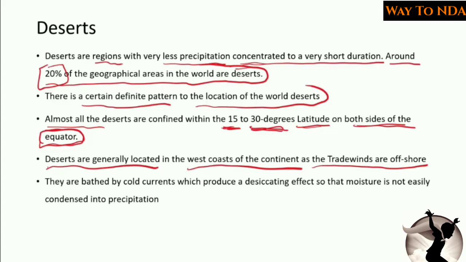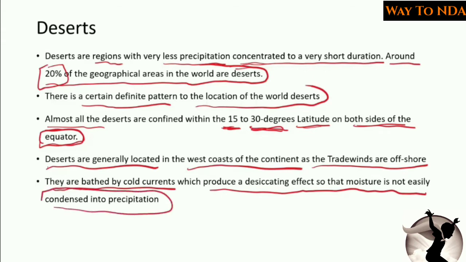They are bathed by cold currents which produce a desiccating effect, so that moisture is not easily condensed into precipitation. Because of the cold currents also, there is low precipitation on the western coast of the continents, and so the western coasts mainly have cold deserts.